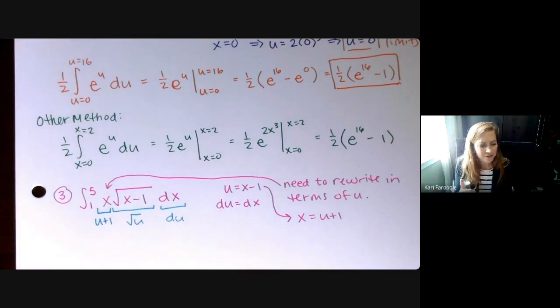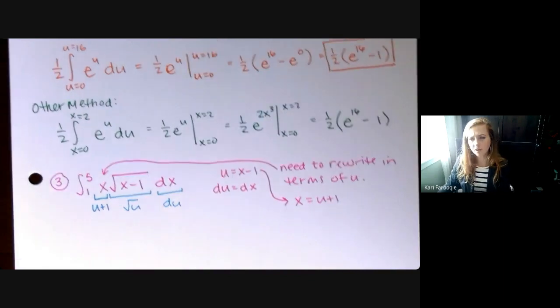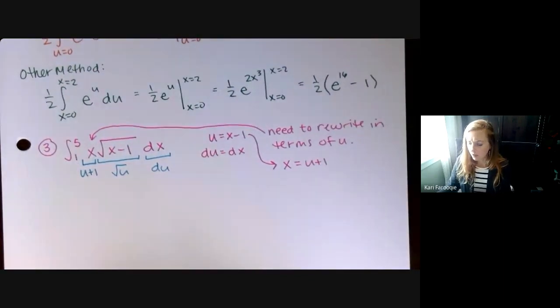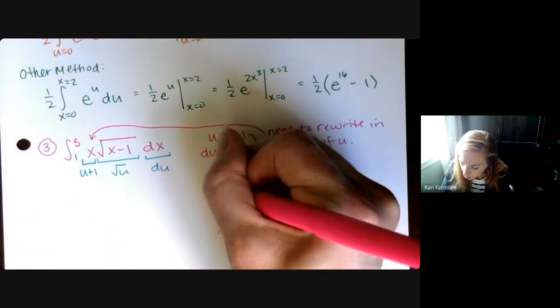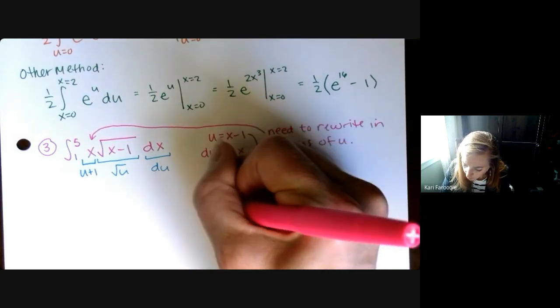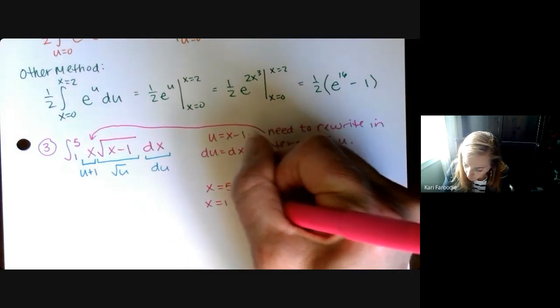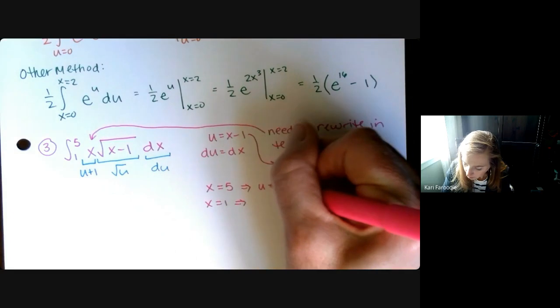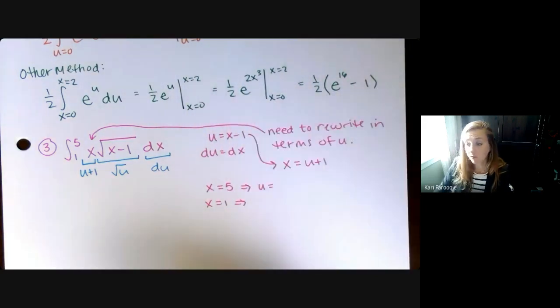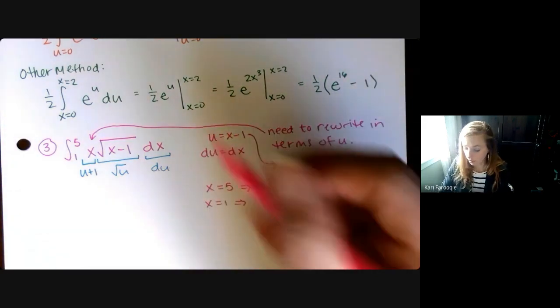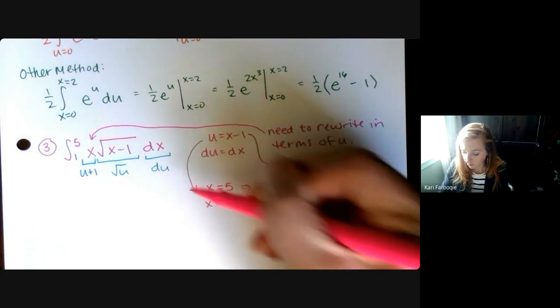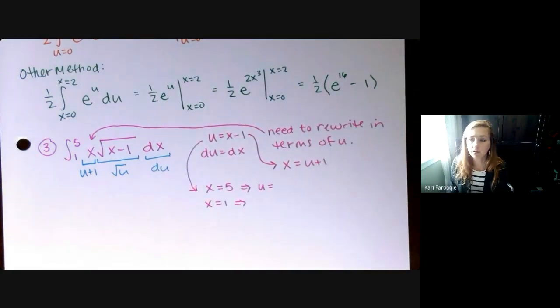I was thinking everything's covered inside the integral, but what about limits of integration? We should definitely talk about those. There's a lot going on here, but lots of little things. I want to switch my limits over to u limits. So x is going from 1 to 5. And I know that u equals x minus 1. We already wrote this here. So I'm going to send this u also into my limits of integration.